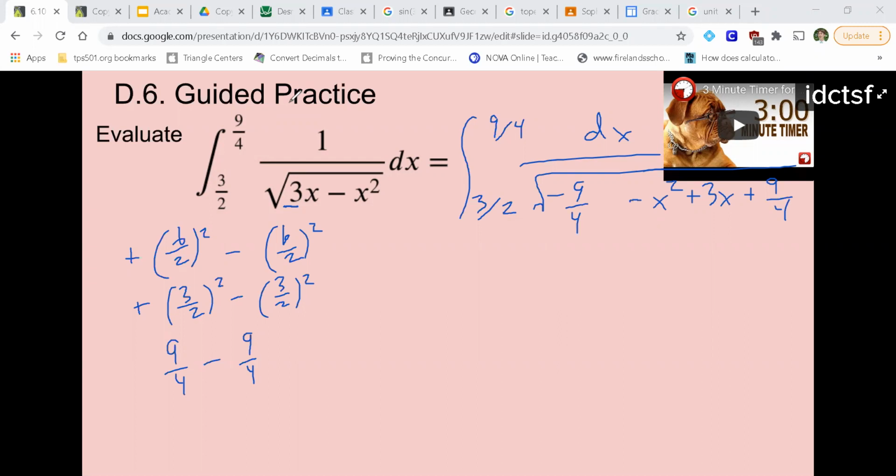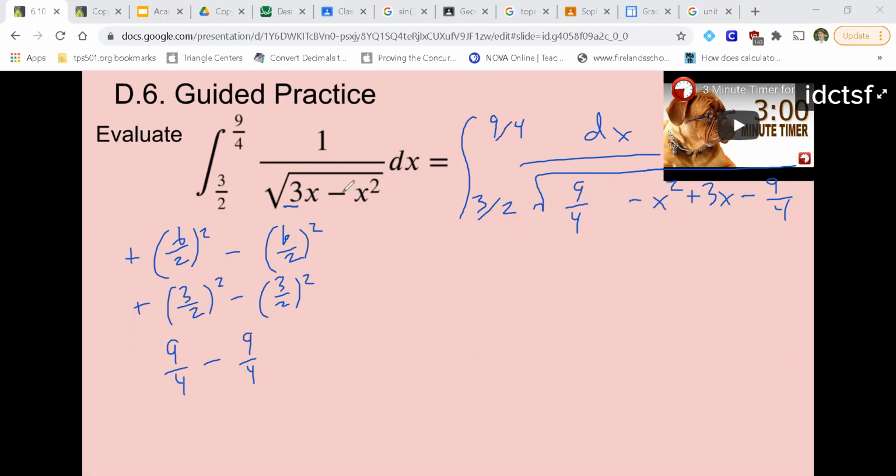Maybe I do want to factor first. Yeah, I do want to factor first, because you want the positive number in here and the negative in here. This negative is really going to mess you up. You should always want the positive term here and the negative term in here.